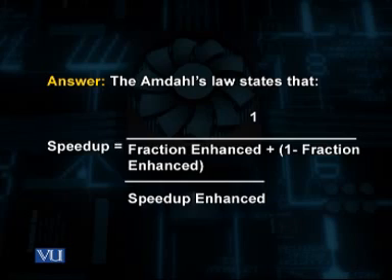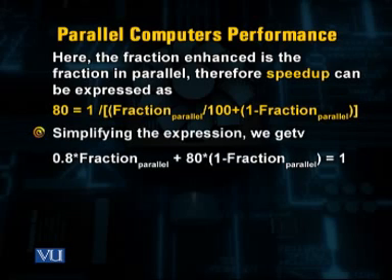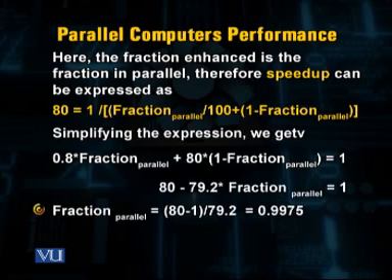You can see over here that the speed up can be calculated for the given example, and it results in a value which shows that the fraction parallel is equal to 0.9975.